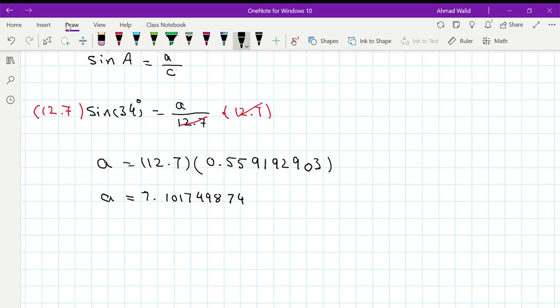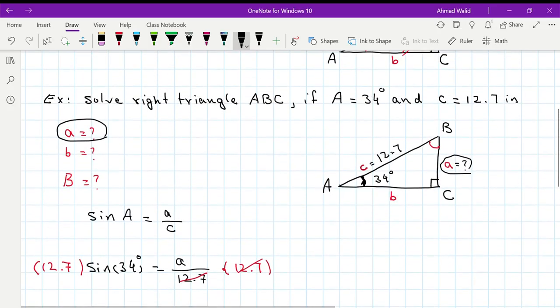But you can have approximation. You can say a approximately equals 7 point, because here you have 0, right? You can say 7.1 inches. Correct? That will be the value of a. It means in your right triangle here, in the diagram, you found a as 7.1 inches.